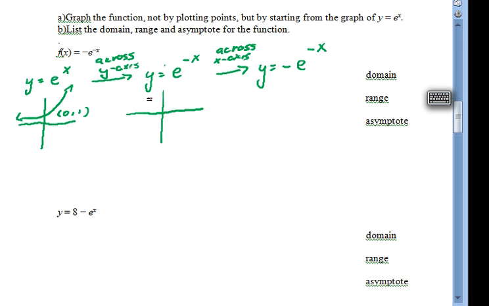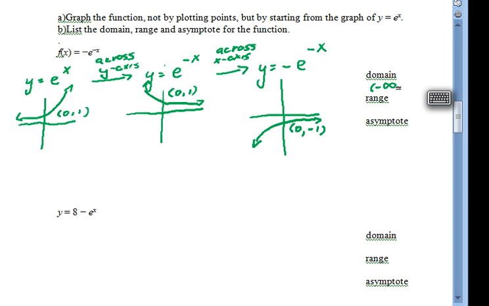So across the y-axis, it'll now be decreasing through quadrants 1 and 2, still going through (0, 1). And then when we reflect across the x-axis, the curve will be increasing again, but through the third and fourth quadrants, going through the point (0, -1).